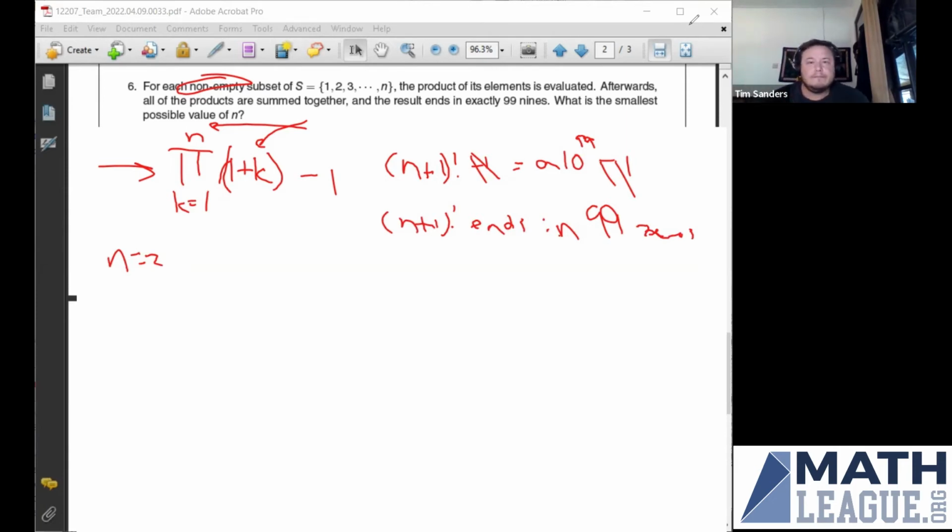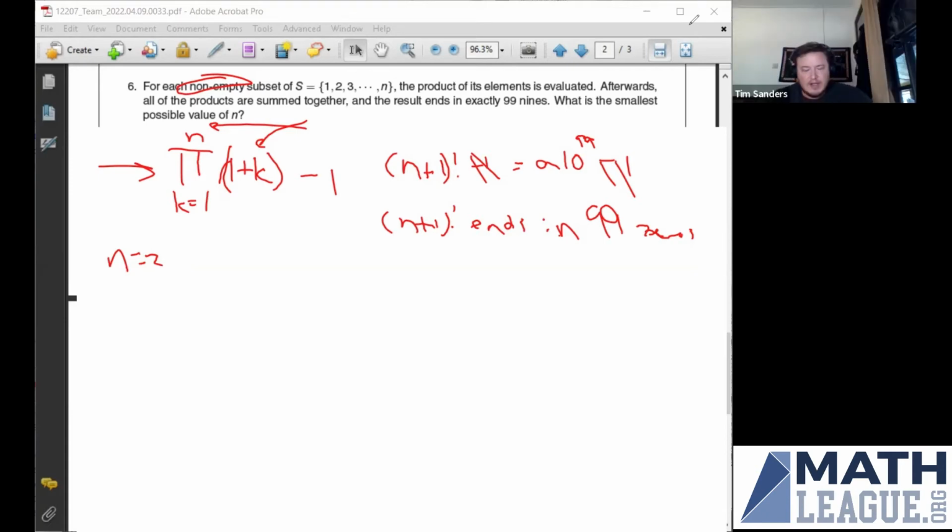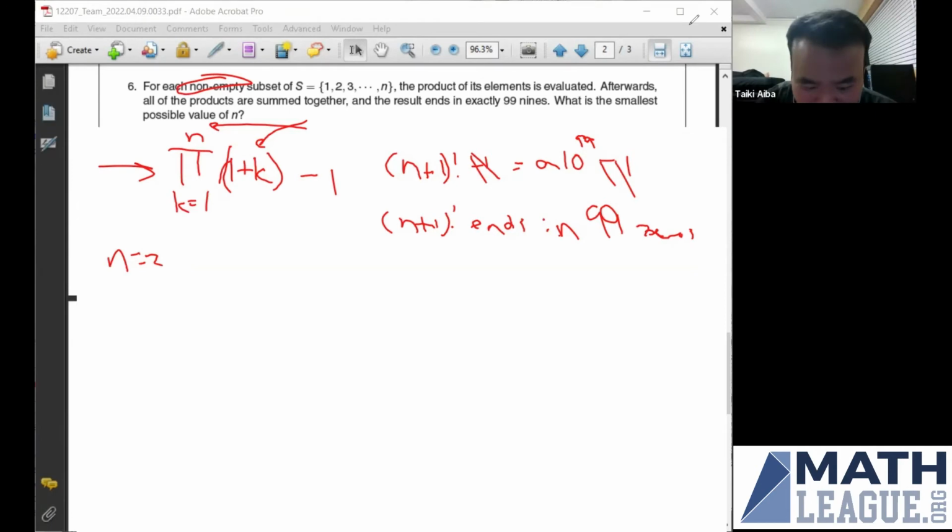Okay. And we want the smallest one to test it. I think we got this. So ending in 99 zeros, I'm looking at probably about like 125 or something, right? Or am I way off on that?